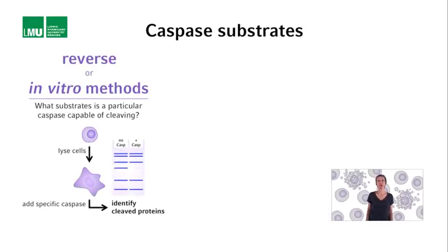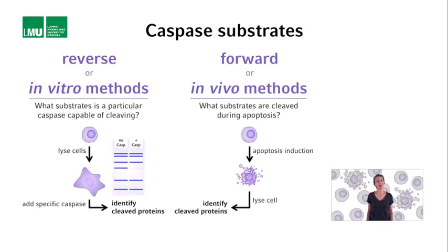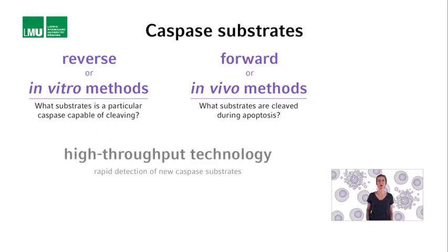Other investigators took cell lysates generated from apoptotic cells and control cells, and again using 1 or 2-dimensional polyacrylamide gel electrophoresis in combination with mass spectrometry to identify proteins that are cleaved in apoptotic cells. And these approaches are referred to as forward or in vivo methods. Recently, high-throughput technology has been developed to either negatively or positively enrich for peptides that have been generated due to caspase cleavage.